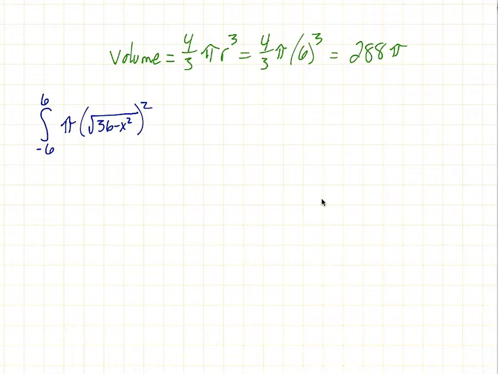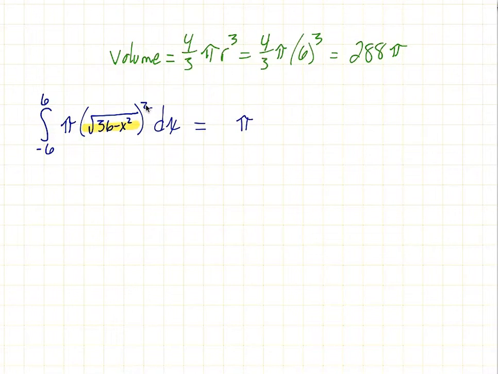This piece right in here being my r, right? So this is pi r squared, and then we're going to multiply that by the width, and the width is dx, right?